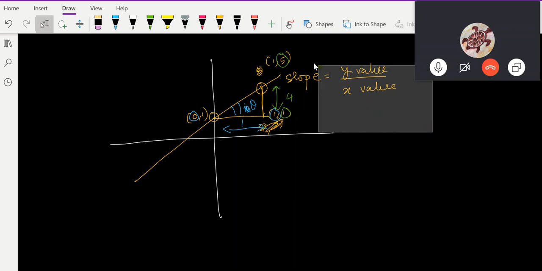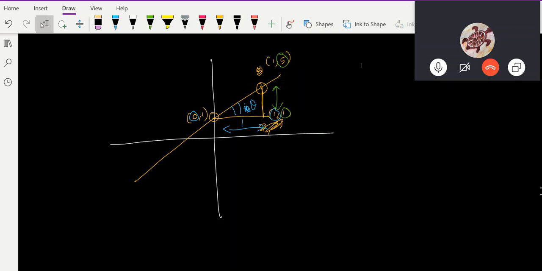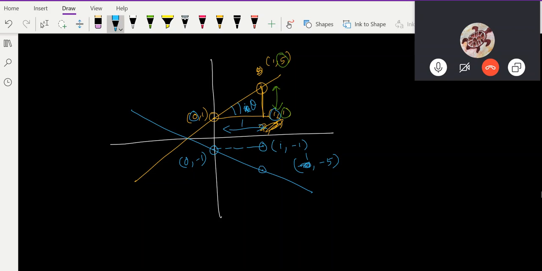Now, if I have the line in the reverse direction, let's say I have my line like this, and this point is 0 and 1, and this point is 1 and minus 5. I'm sorry, this is plus 1 and minus 5, and this is 1 and minus 1, right?